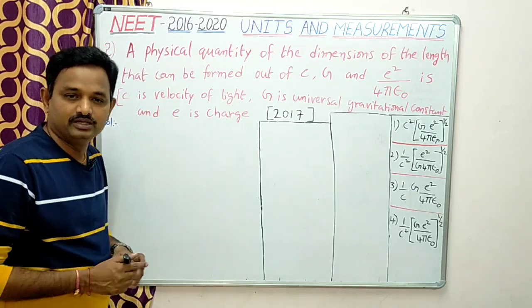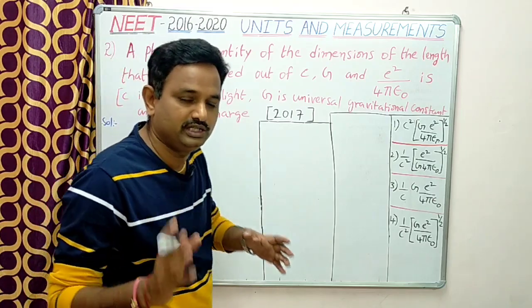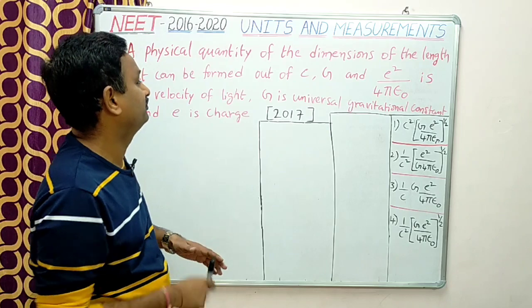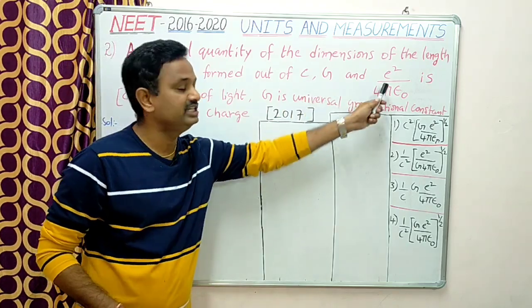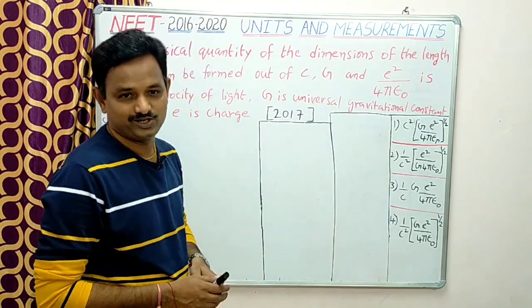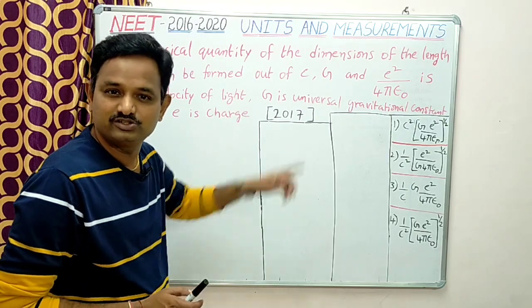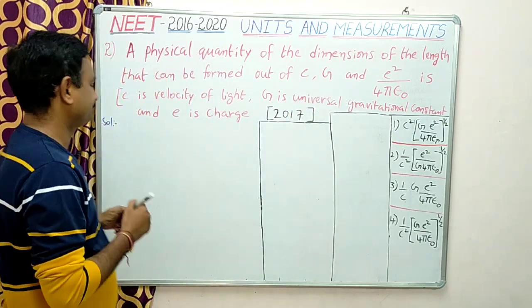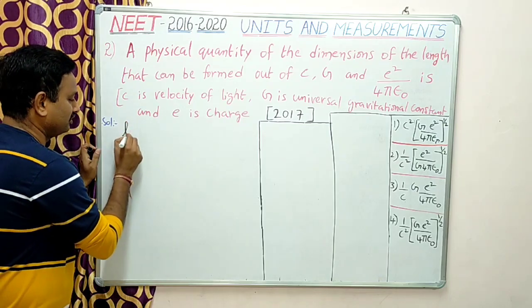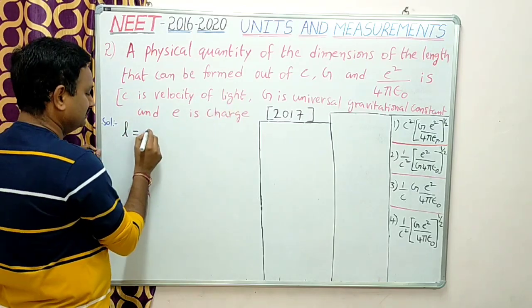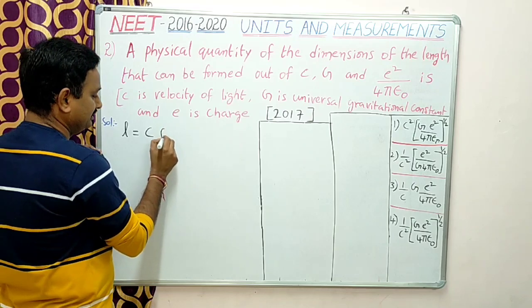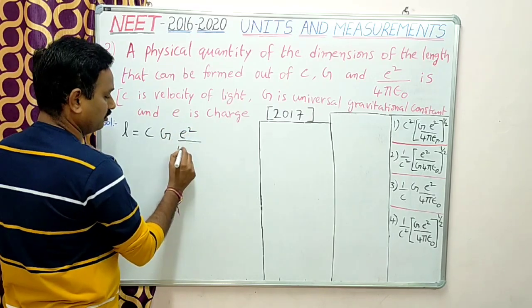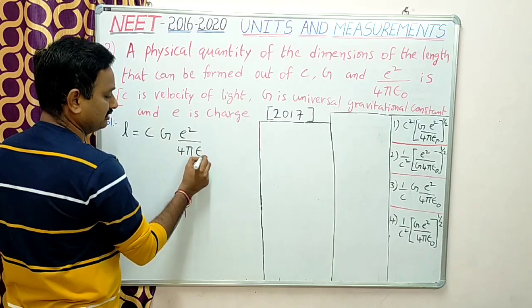So here the dimensions of the physical quantity which is equal to length are formed by the combination of these constants c, G and e square by 4 pi epsilon naught. First I will write these constants combination equal to L. Look here. L equal to c, G, e square by 4 pi epsilon naught.